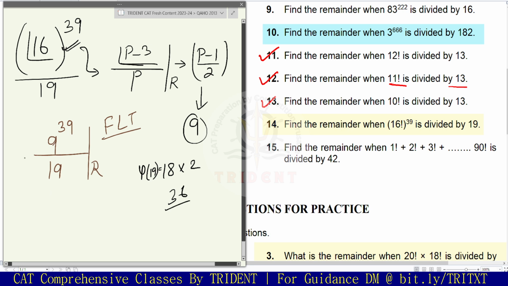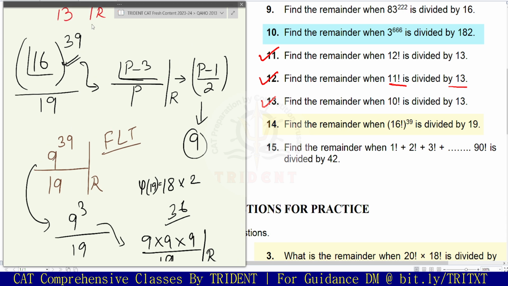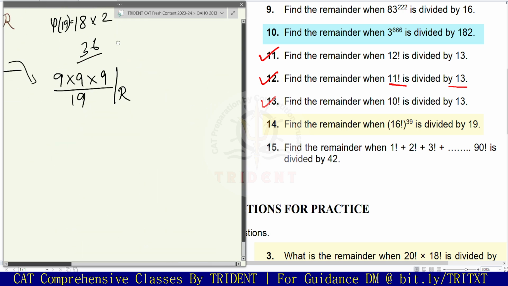So effectively I am just left with 9 raised to the power 3 by 19. In other words, I am getting 9 into 9 into 9 by 19 remainder. My dear friends, I don't think it will take you any time to solve this question.